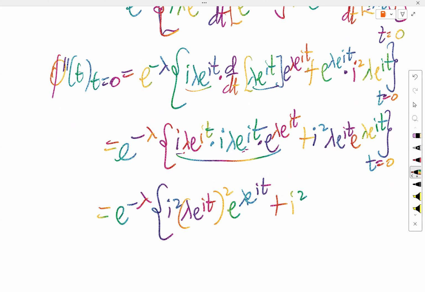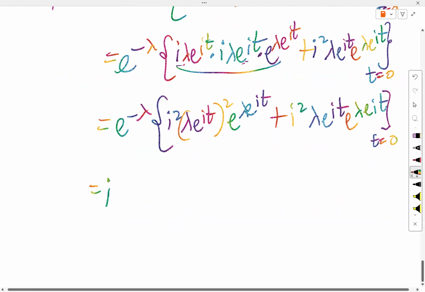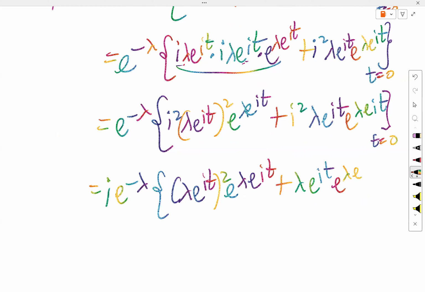Here we have lambda e raised power it e raised power lambda e raised power it, evaluated at t equals 0. So you see i squared is common, so you can take it out. So you have i squared e raised power minus lambda into lambda e raised power it all squared e raised power lambda e raised power it plus lambda e raised power it e raised power lambda e raised power it.